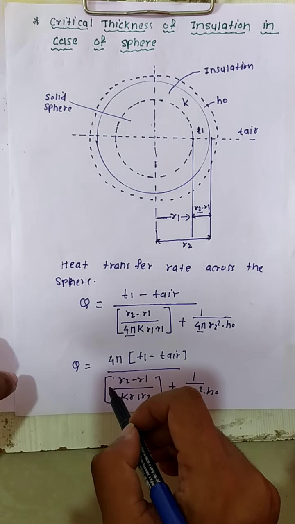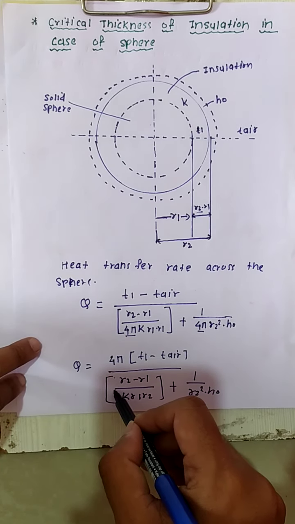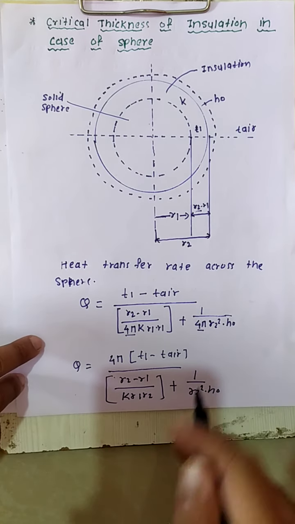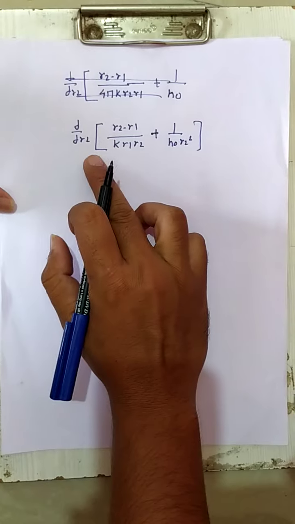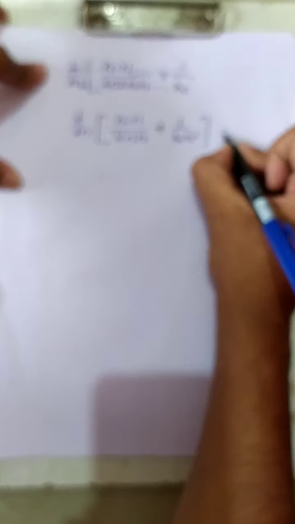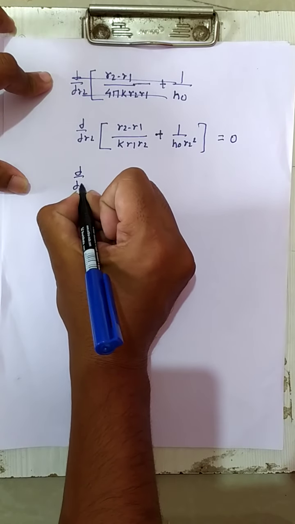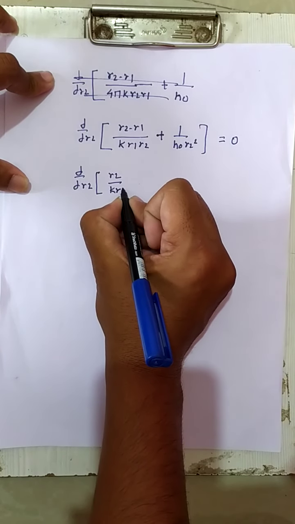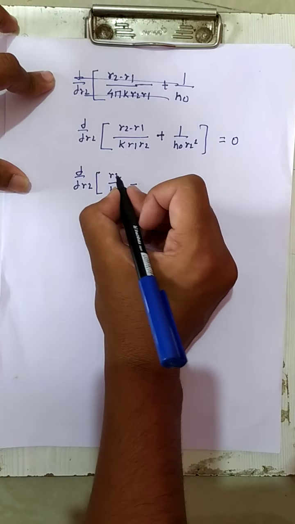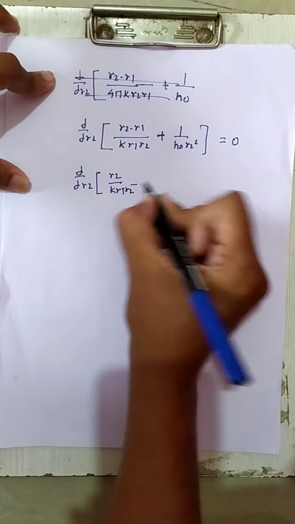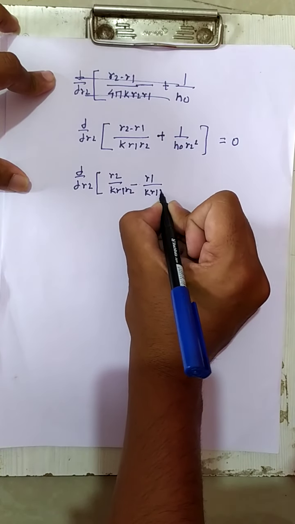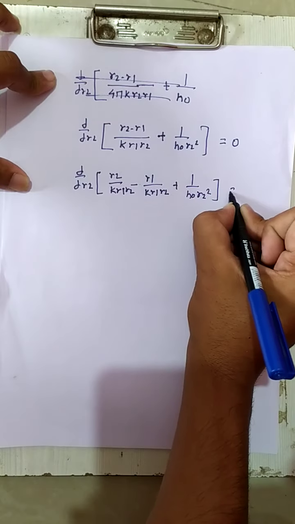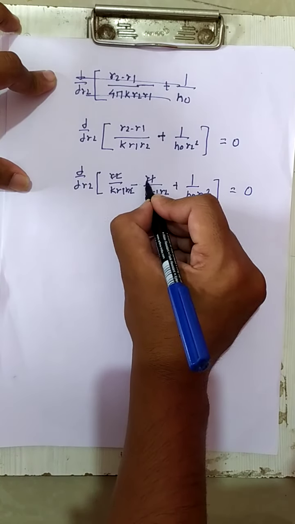So adopting the same procedure as that of the cylinder, differentiating this denominator with respect to r2 and equating it to 0, we have d by dr2 of r2 upon k r1 r2, minus r1 upon k r1 r2, plus 1 upon ho r2 square is equal to 0. r2 gets cancelled, r1 gets cancelled.